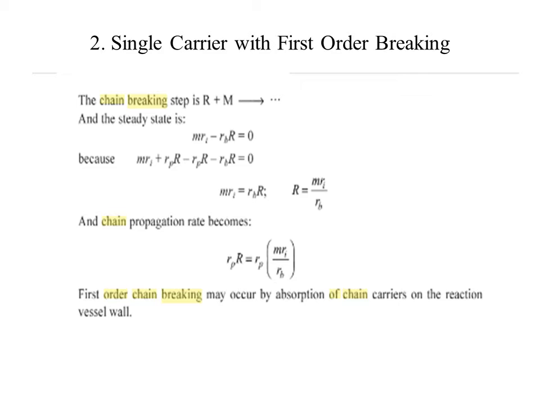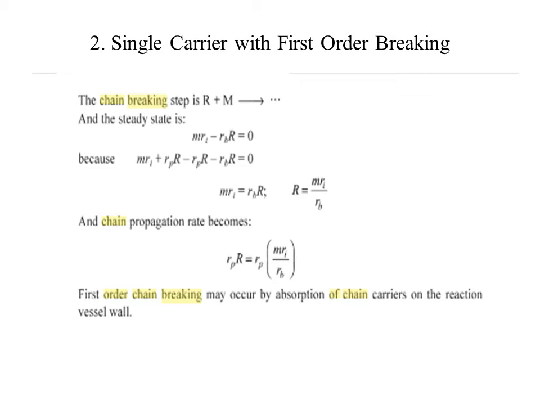That is, R is equal to MRi over Rb. The chain breaking step is R plus M, and the steady state is MRi minus RbR equal to 0, because the RpR terms cancel. Then MRi will be equal to RbR, and R is equal to MRi over Rb, and the chain propagation rate becomes RpR, that is equal to Rp MRi over Rb.